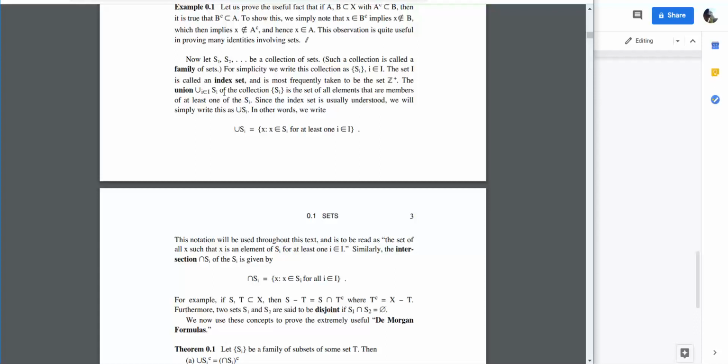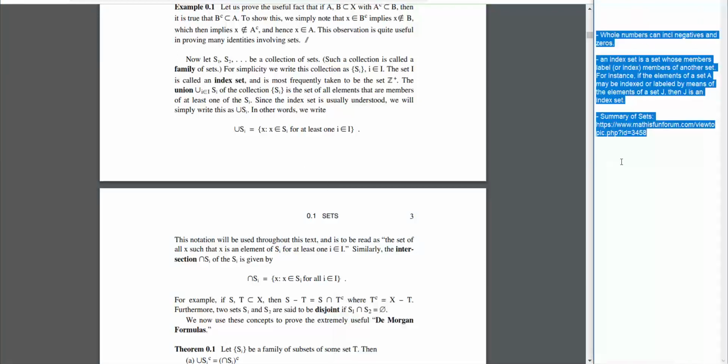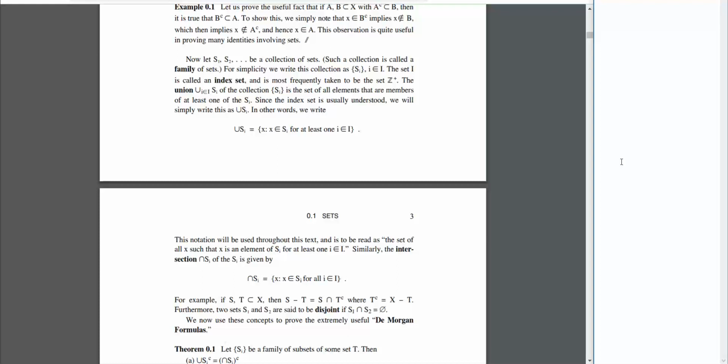So if you have S1 union S1, then it's all the elements in S1. But if you have S1 and S2, this is what I mean. Say S1 is the set of elements 1, 2, and 3.